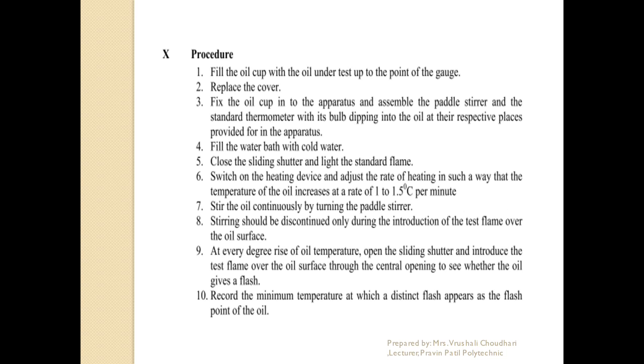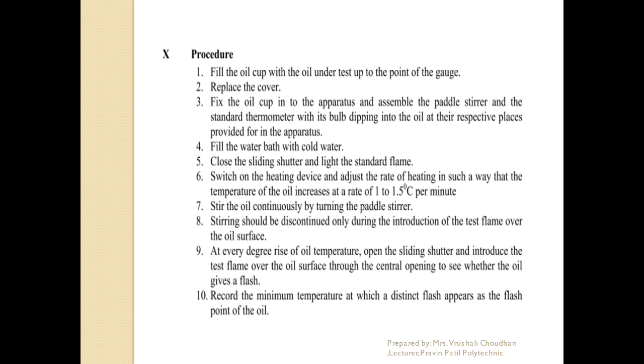In experiment 14, we heated by 5 degrees Celsius per minute. Here we are going to increase the temperature by only 1 degree Celsius. During that, we stir the oil sample to maintain uniformity of the temperature.